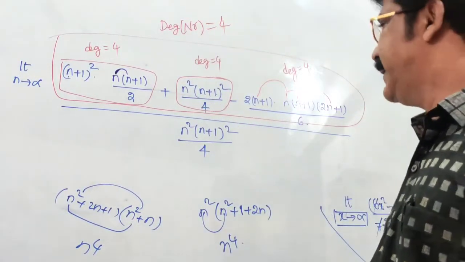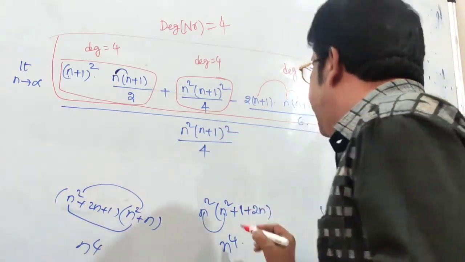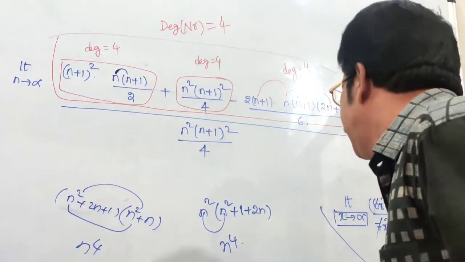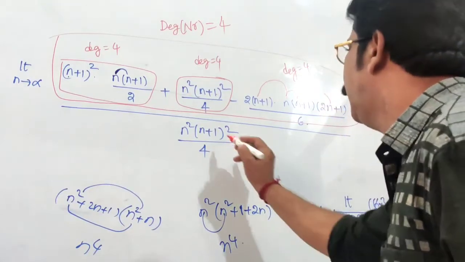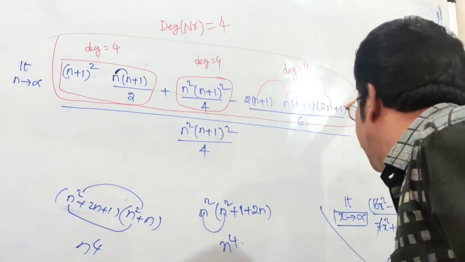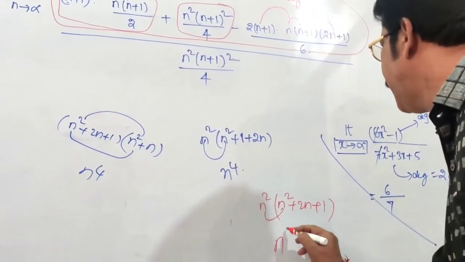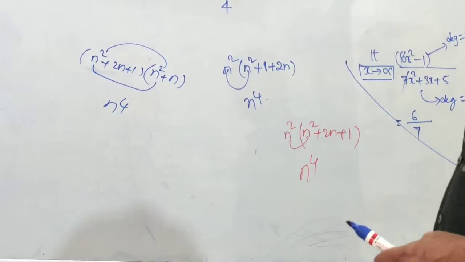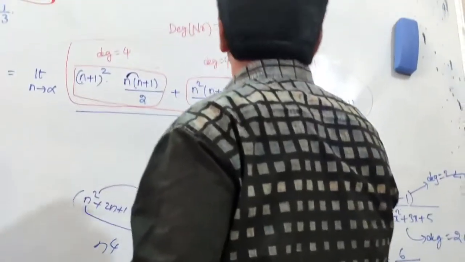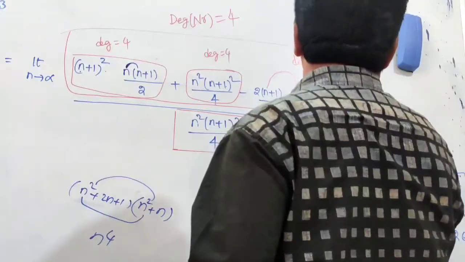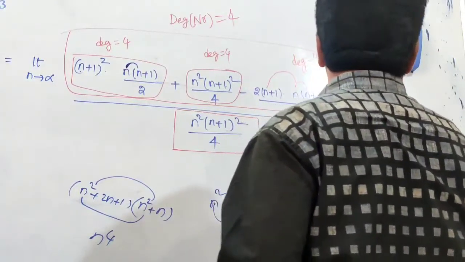Okay, next come to the denominator. Here in the denominator, let the coefficients be aside, it is out of question. Then it is n² into (n + 1)², meaning n² + 2n + 1. On multiplication, we obtain n to the power of 4. So the degree of the denominator is equal to 4.